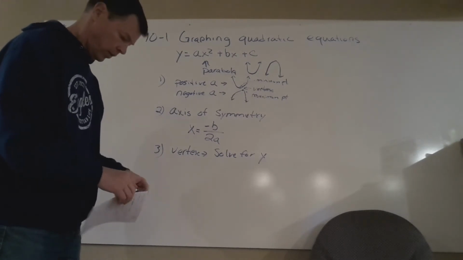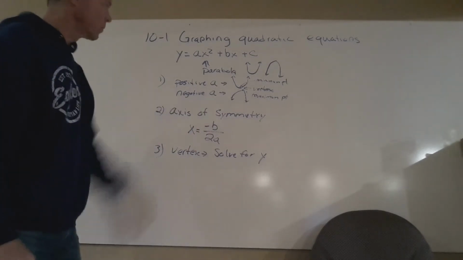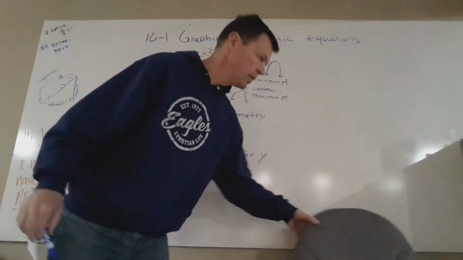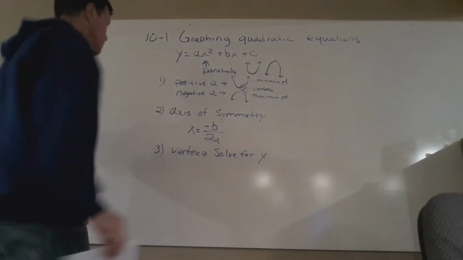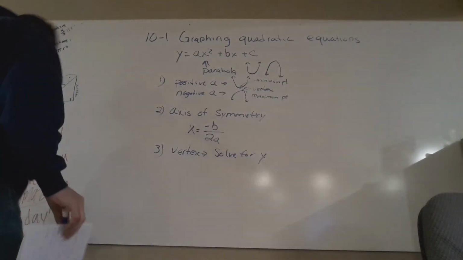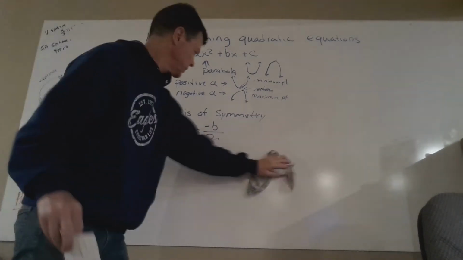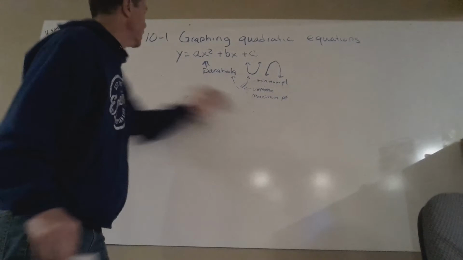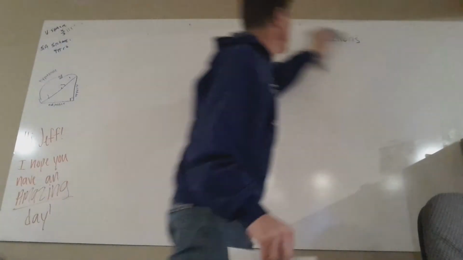All right, 3 general parts of this. And we'll go through all three of those. I want to do 3 examples of this too, just to show you how it works out. First one, start them out relatively simple.